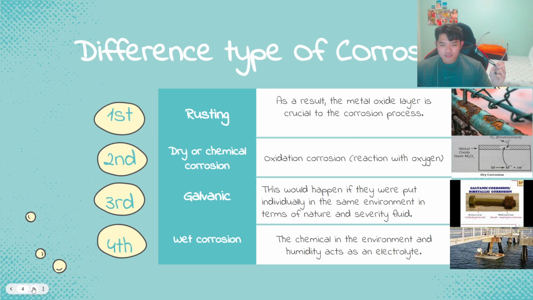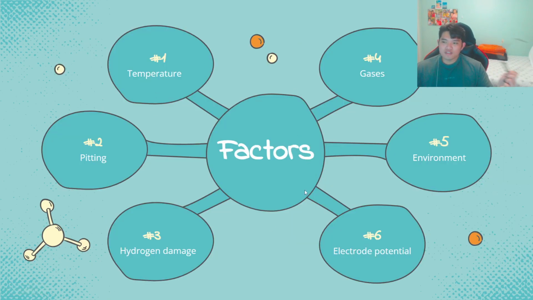All right, now we're moving on to the factors. There are several of them, and I found six of them. Number one factor is temperature. Like I said earlier, if temperature increases, the process of corrosion becomes faster. Pitting, that's a new word. And then the hydrogen damage.